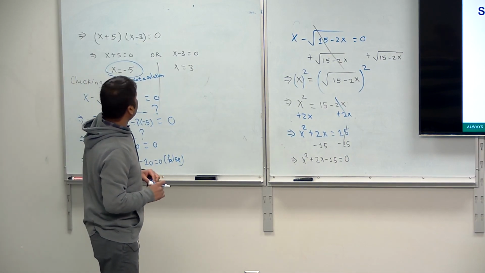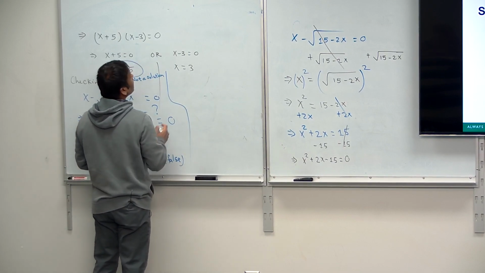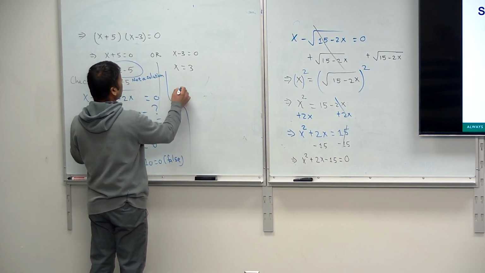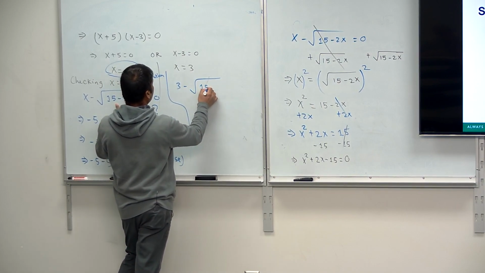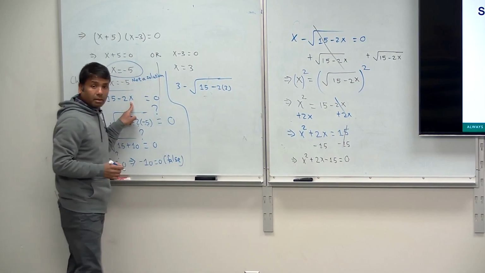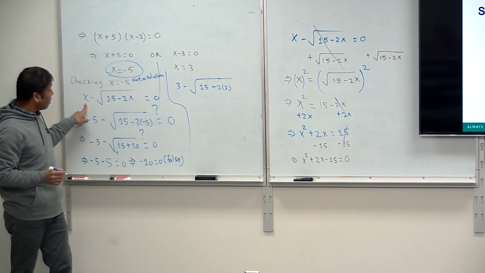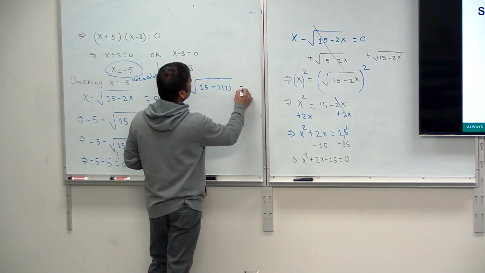So now let's check for x equal to 3. Okay? So now you plug in x equal to 3, so 3 minus radical 15 minus 2 times 3. Are you guys with me? I just plugged in the value of x equal to 3, right? So this equal to 0?